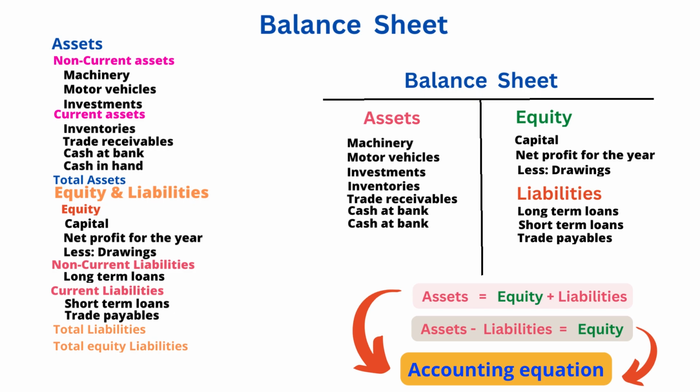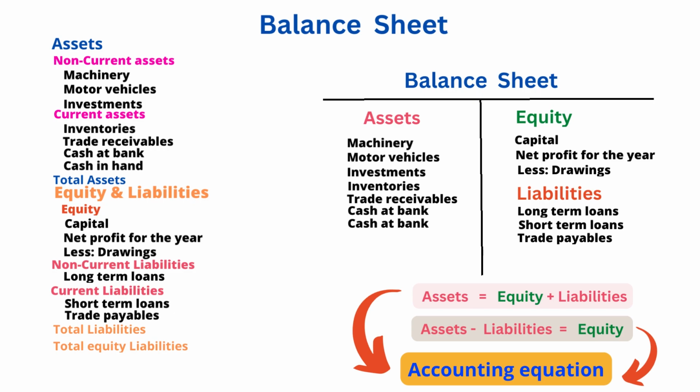The balance sheet is divided into two sections. The left side shows the company's assets, which are resources owned by the company and can be converted into cash. The right side shows the company's liabilities, which are obligations that the company owes to others, and equity, which is the residual interest in the assets of the company after liabilities are deducted.